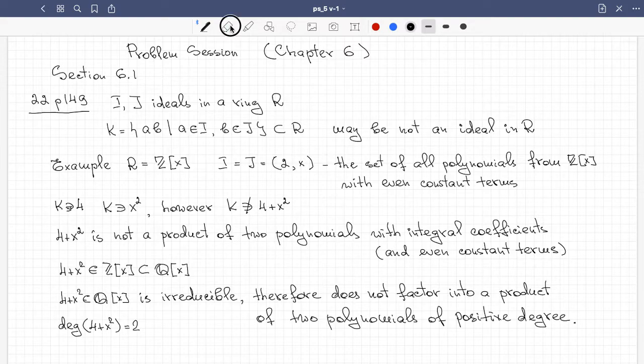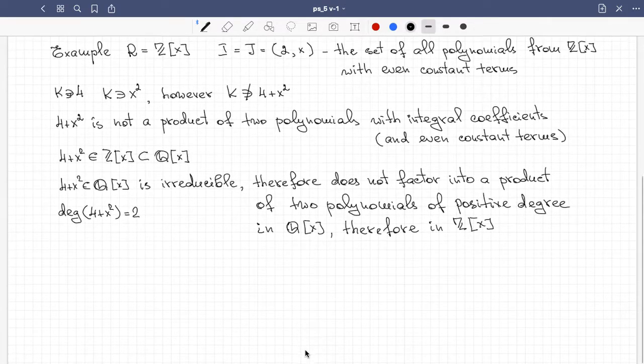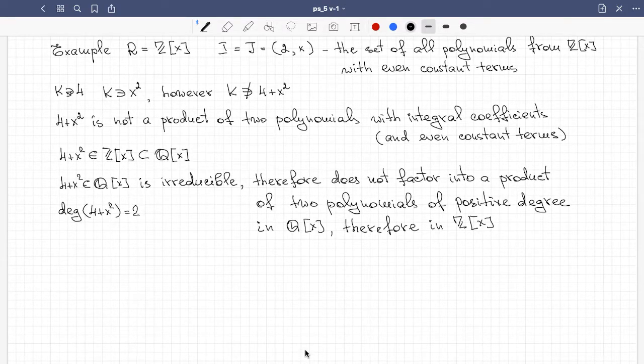It does not factor in Q of x, therefore it does not factor in Z of x, because every polynomial with integral coefficients is a polynomial with rational coefficients. So it is irreducible, it does not factor.